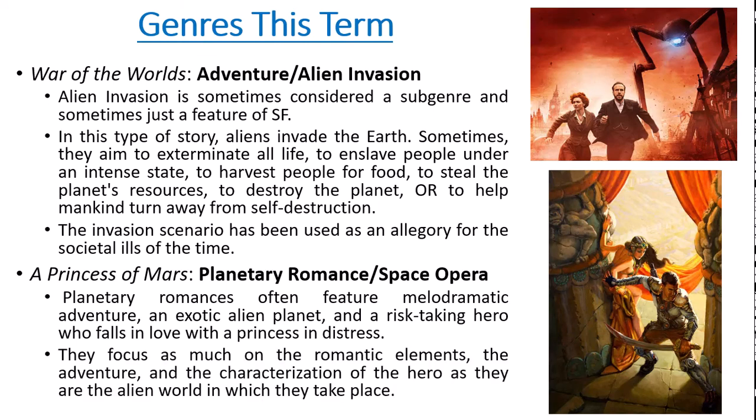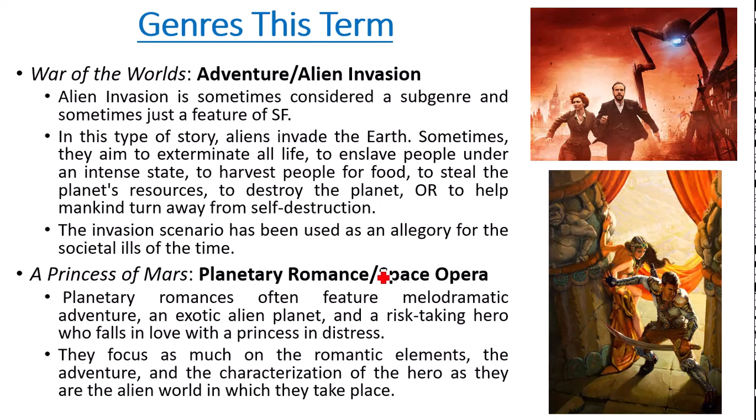They focus much more on romantic elements. So a little bit less hard science, a little bit more soft science, into kind of the realm of fantasy. But because they take place on alien worlds, there is that science fiction element to it. But it really focuses on the adventure, the characterization of the hero, and the alien world in which this takes place.